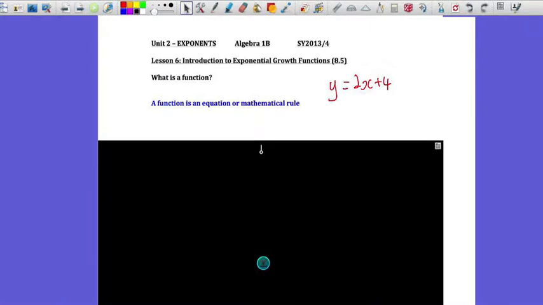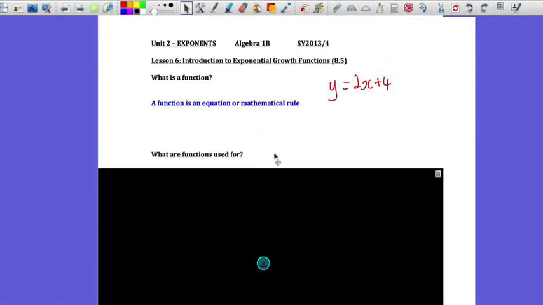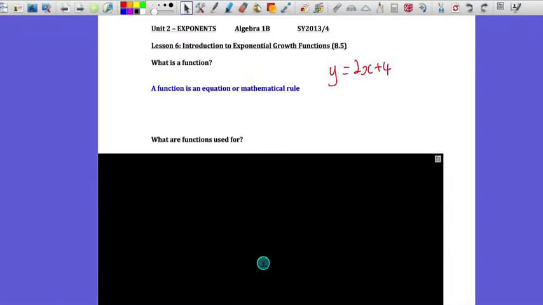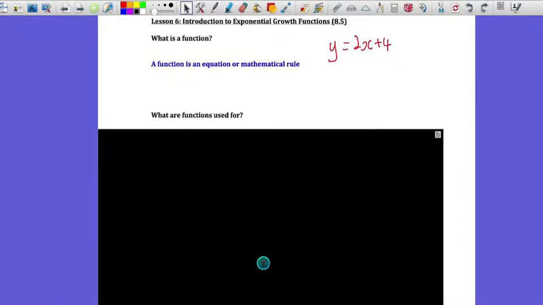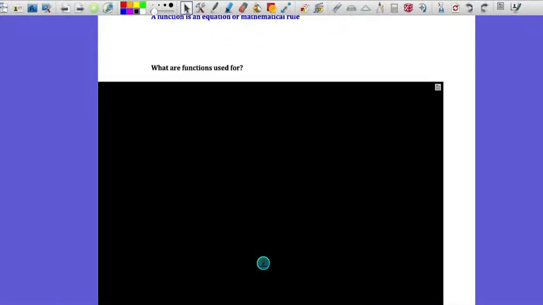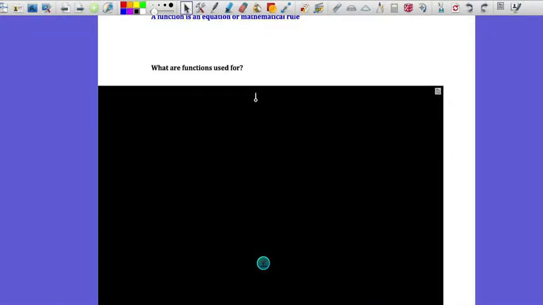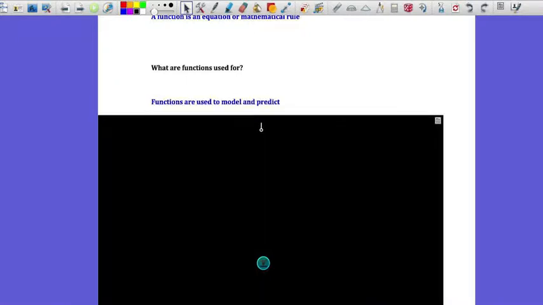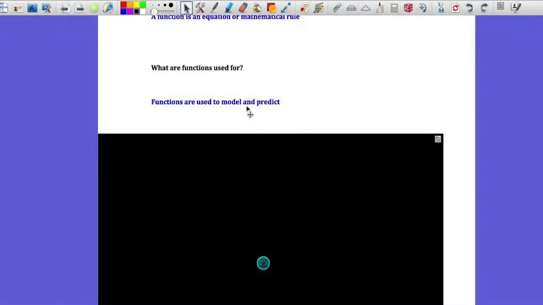The second question asked you, what are functions used for? Now, this is more important, and this is going to start to get to the heart of what we're trying to do in this unit and with exponential functions specifically. The answer is that the most useful use for functions is to model and to predict.